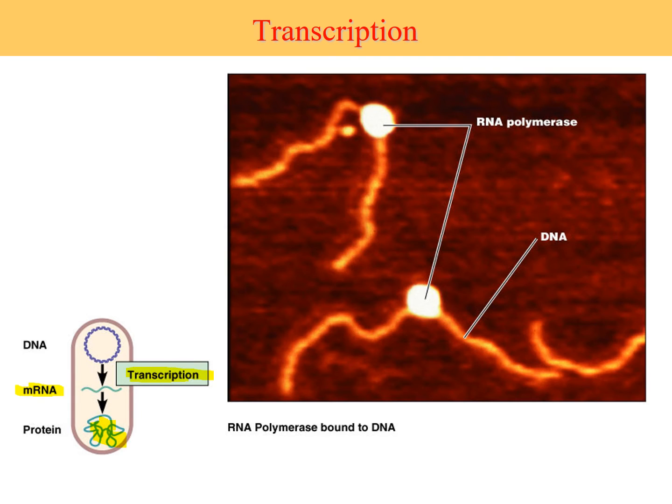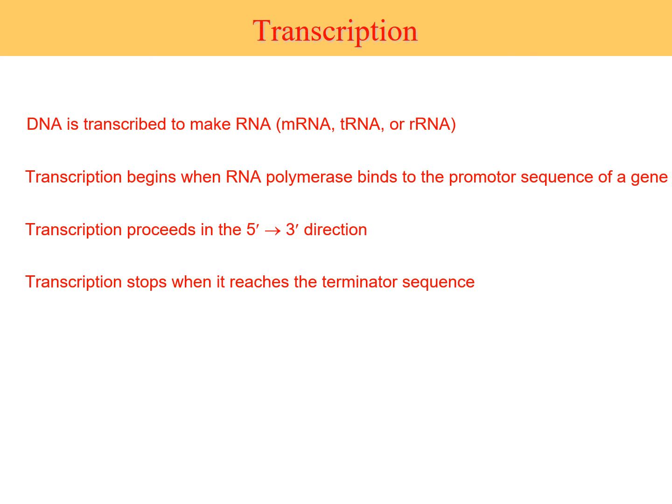The formation of the messenger RNA is by the action of an enzyme called RNA polymerase. RNA polymerase binds to the DNA where the gene is and makes a complementary messenger RNA product, or transcript. The product of transcription is called a transcript. It's not only messenger RNA that can be made in this way, but also transfer RNA and ribosomal RNA, but we've only discussed messenger RNA until now.